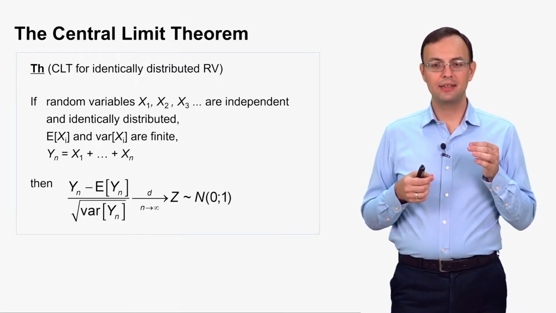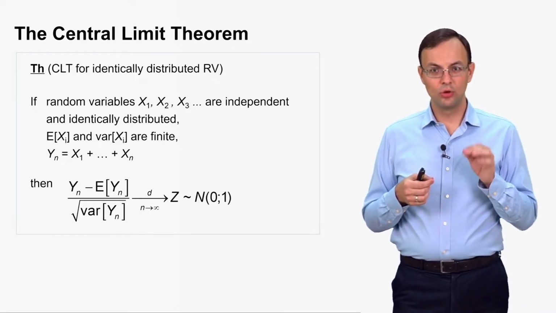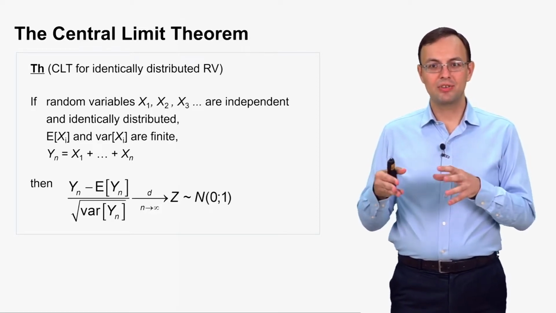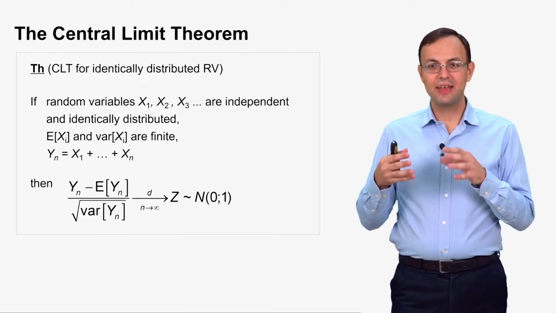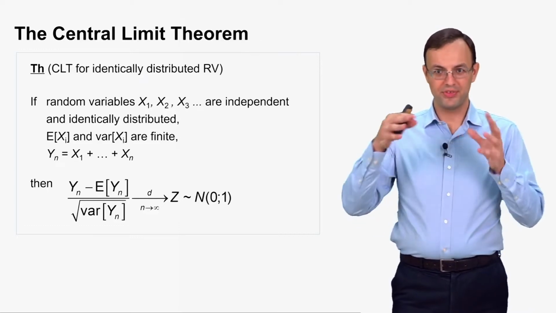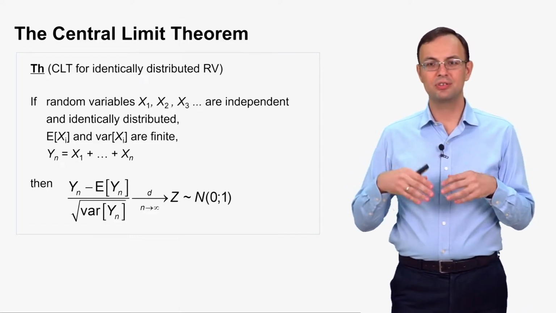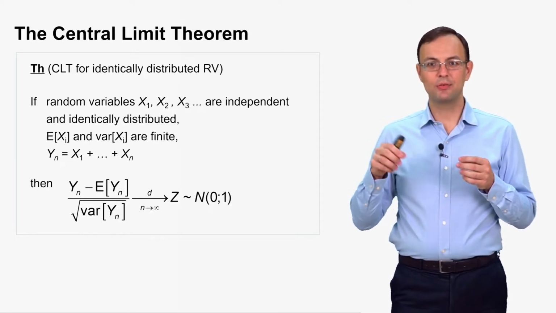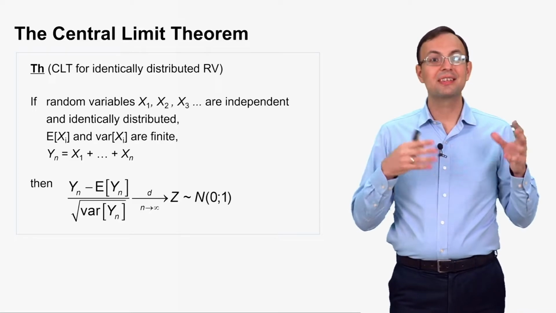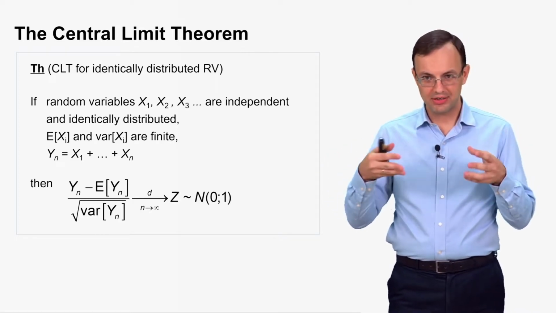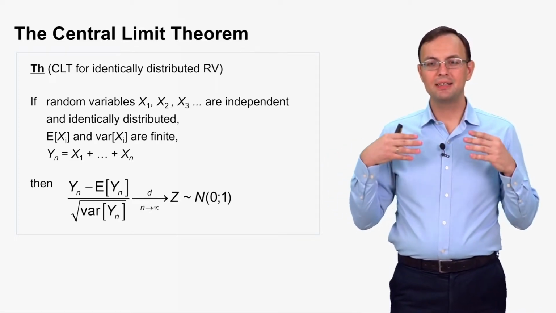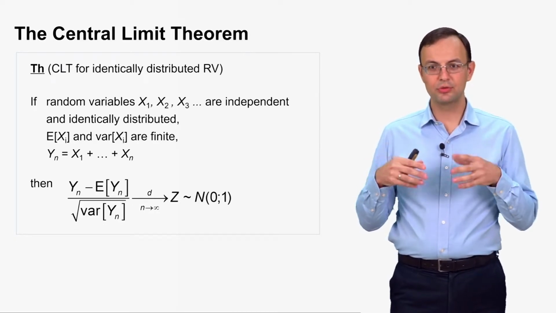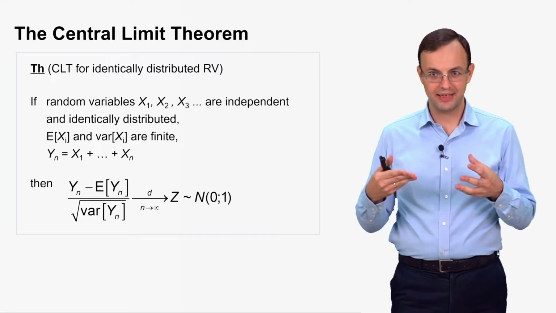when it is centered and normed. So this operation, when we subtract the expected value of a random variable from this random variable, is called centralization. So we can say that yn minus E of yn. While doing so, we are centering this random variable, and by dividing it by the square root of its variance, we are norming it.